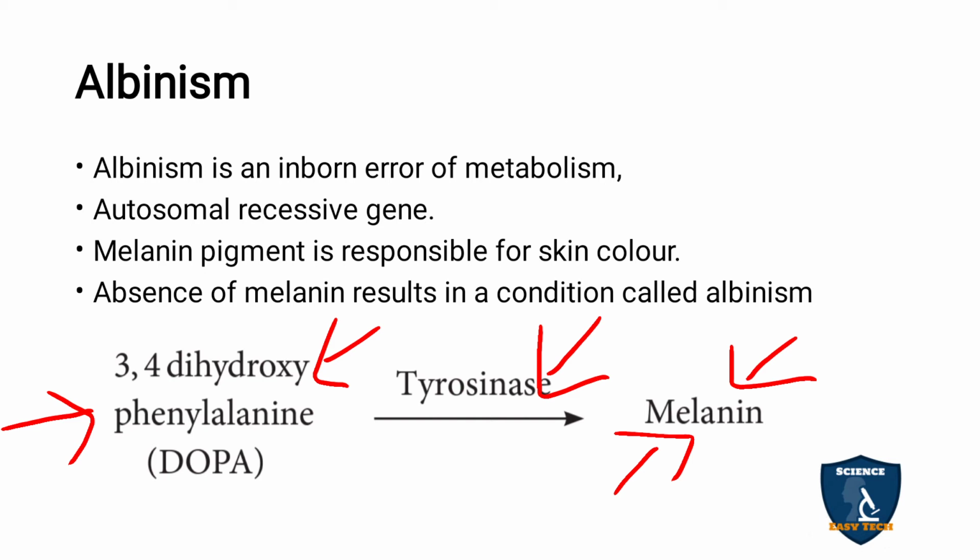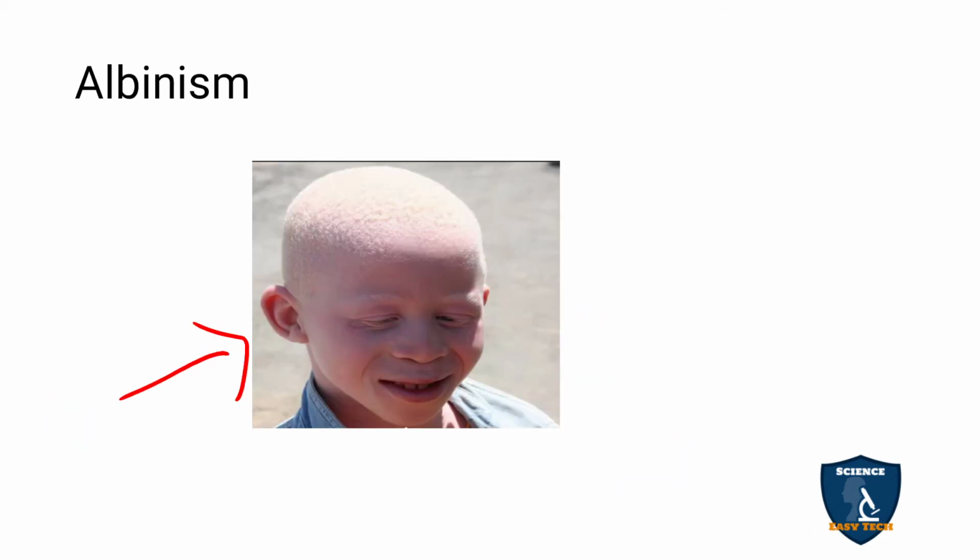The iris is not black, it is white in color, which causes poor vision. Even at a younger age the hair is white, and they cannot see in sunlight properly, so the eyes are affected by sunlight. Even the skin is affected, and their immune system is also affected in albinism people.